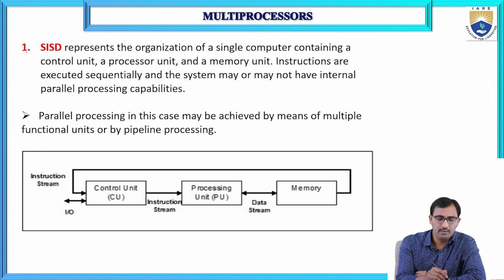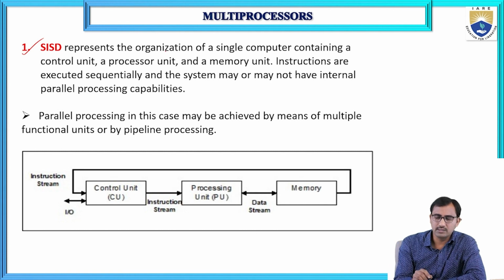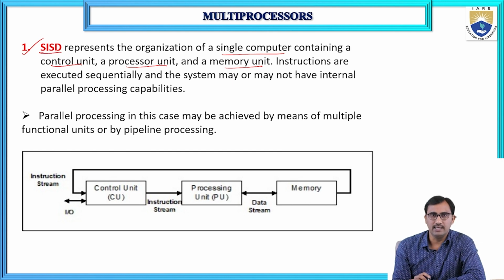The first one is SISD, single instruction, single data stream. It represents the organization of a single computer that contains a single control unit, a single processor unit, and a memory unit. This type of computer is classified as SISD.